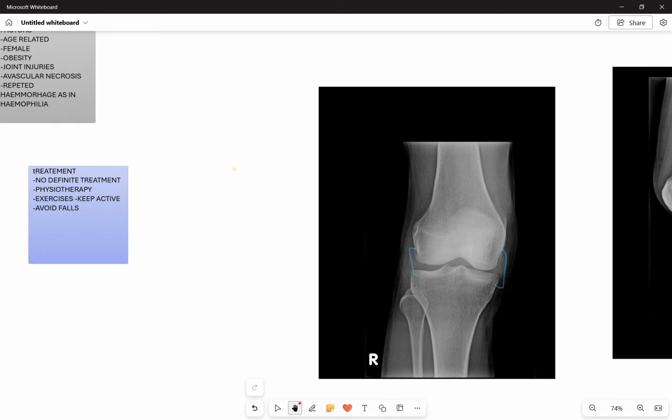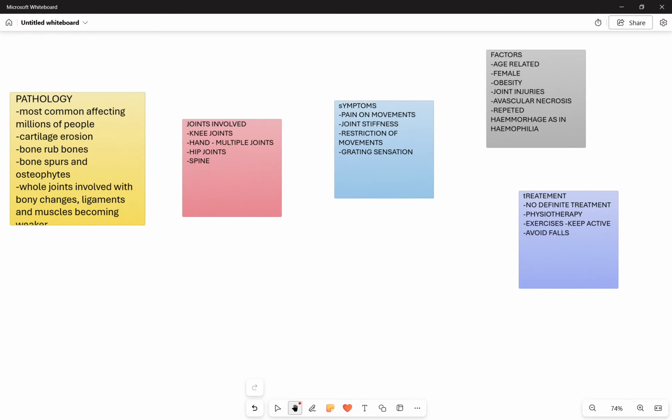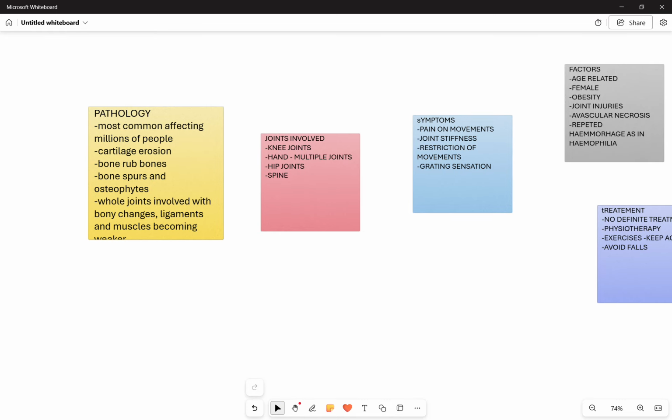Now in osteoarthritis pathology, you get cartilage erosion, the articular hyaline cartilage becomes eroded, so much so that the bones may start rubbing together, bone rubbing against bone, and it may form spurs and osteophytes, bony changes. And the whole joint may be involved, with ligaments, muscles and tendons becoming weaker.